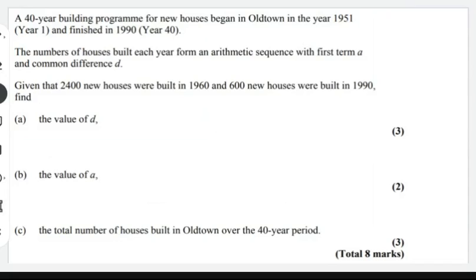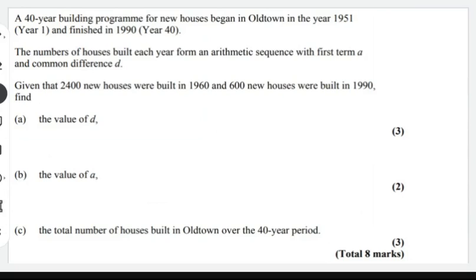Which formula would we use for this one though? Because we don't have the total number of houses, so we can't use the Sn formula. You've been given the number of houses built in 1960, and you've been given the number of houses that were built in 1990.